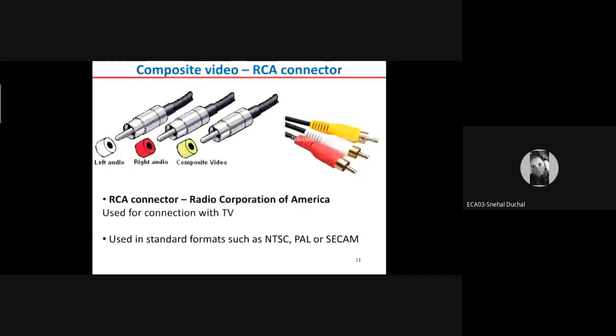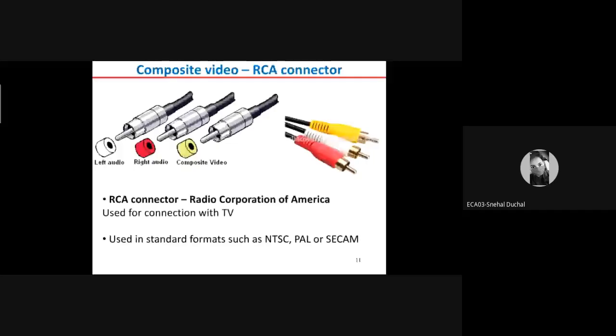This wire is called an RCA connector, which stands for Radio Corporation of America. It was developed by America. The white colored wire is used for the left audio, where we can increase or decrease the volume.